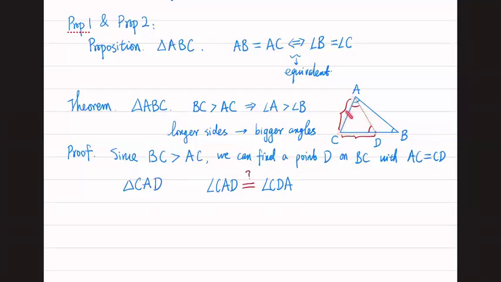We have equal sides, so they have equal measures of the angles. Okay, so by proposition one.